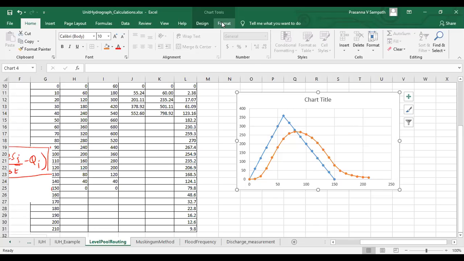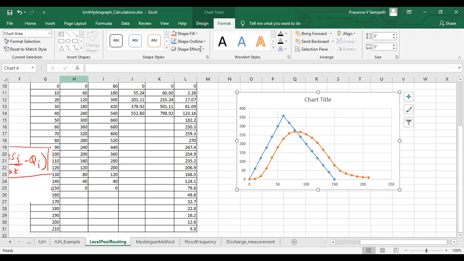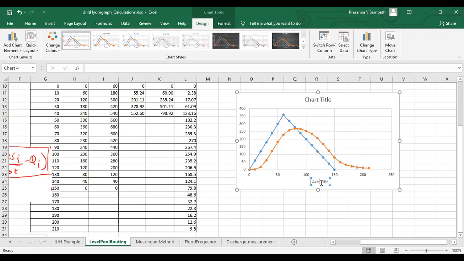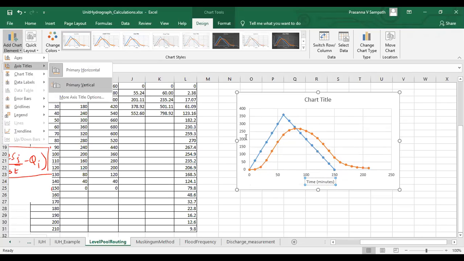Okay, so just in case I forget, I just want to insert the axis titles and so on. On the x-axis I have time in minutes, and on the y-axis, what's on the y-axis?